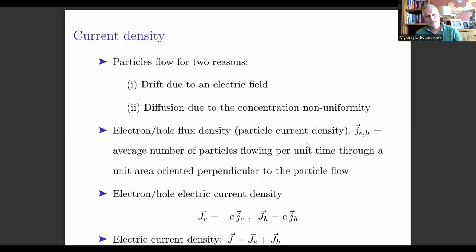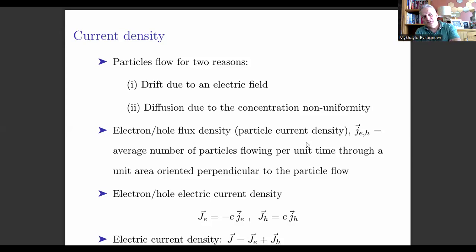It is a number that tells you how much of a particular property, be it the number of particles, be it energy, be it charge, be it momentum, is transferred per unit time through a unit surface area, where that surface is oriented perpendicular to the direction of transfer of that property.